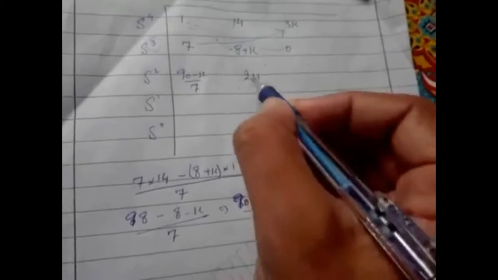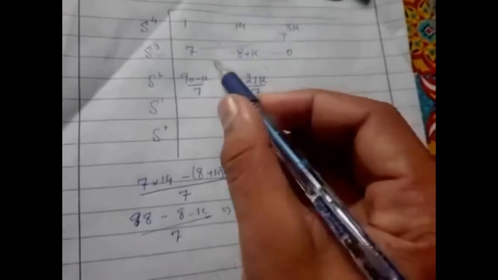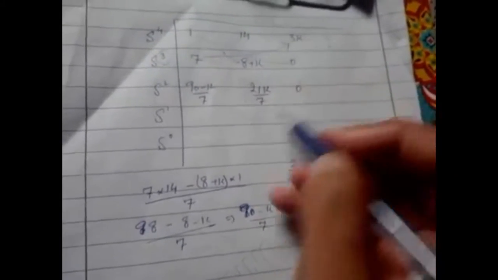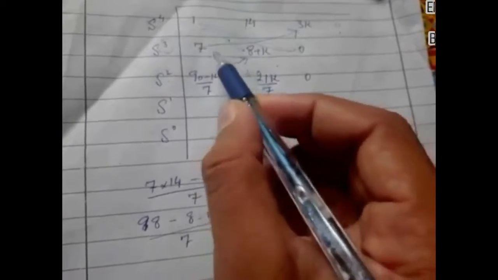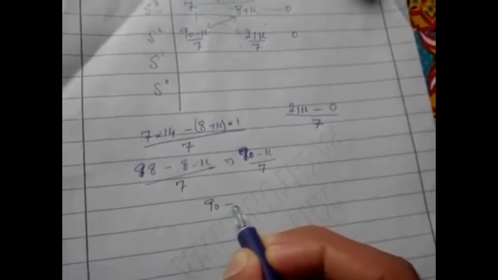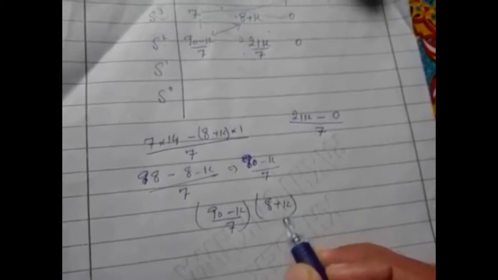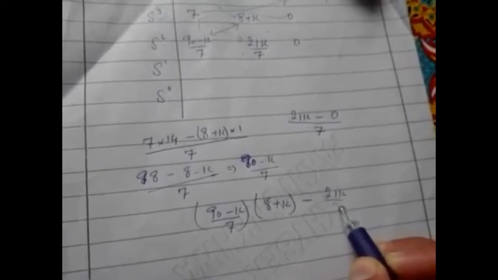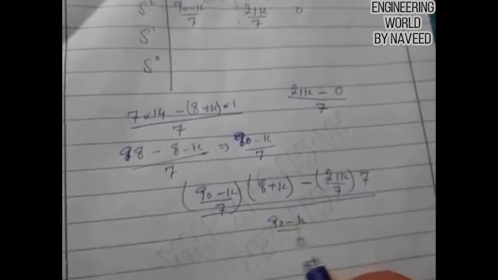The next entry is 0. Then multiply 90 minus k divided by 7 with 8 plus k, and subtract from that 21k divided by 7 into 7, all divided by 90 minus k divided by 7.